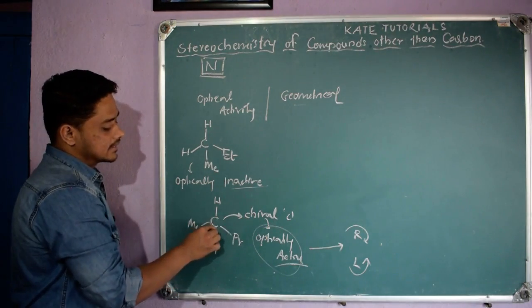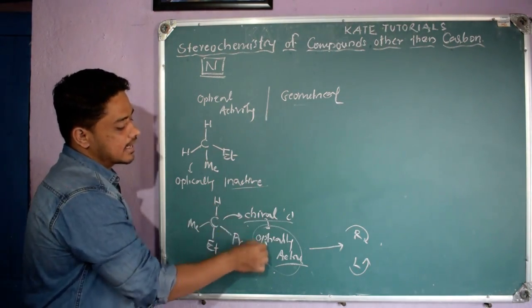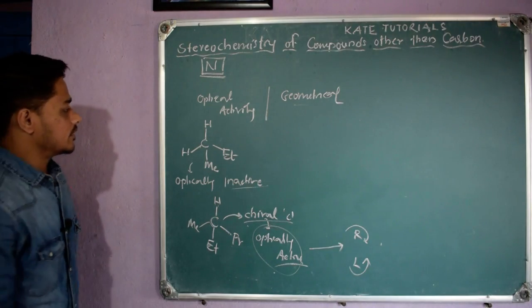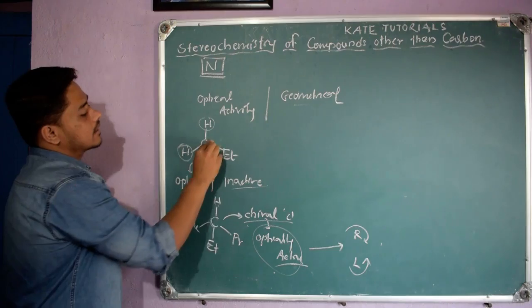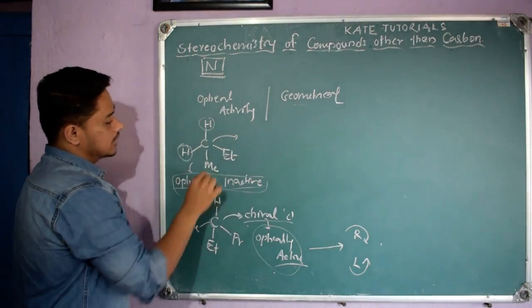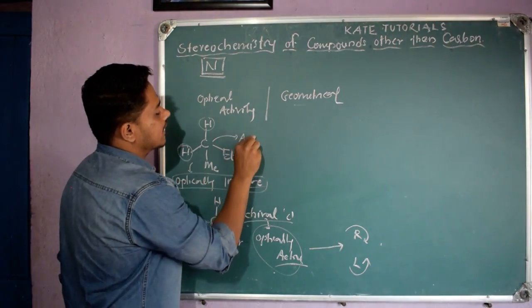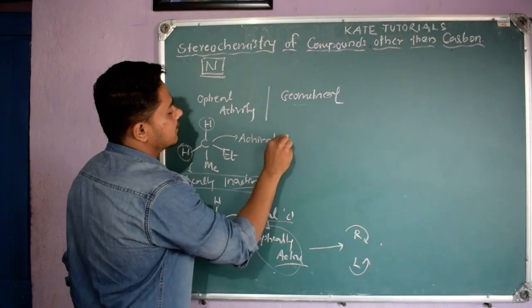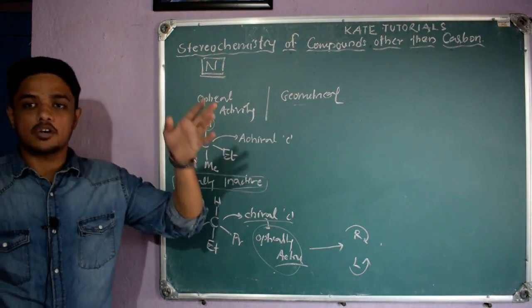Since the carbon is attached to 4 different atoms, that carbon is chiral carbon and it will be optically active. Whereas if the same carbon is attached to the same 2 atoms, then that carbon will be optically inactive. That carbon we won't call chiral; we call it achiral carbon.